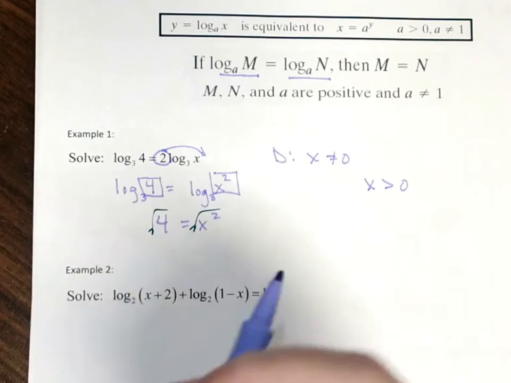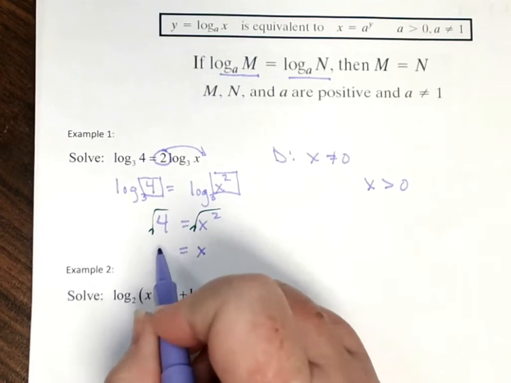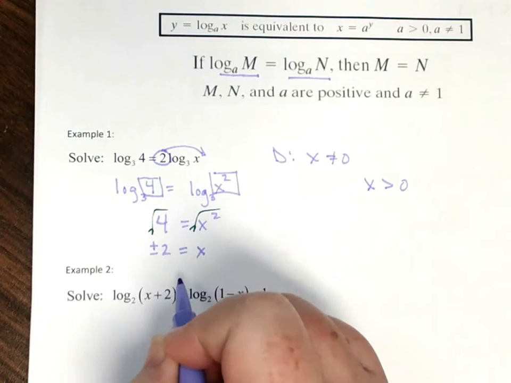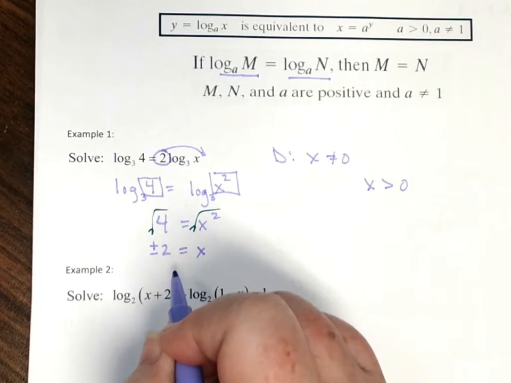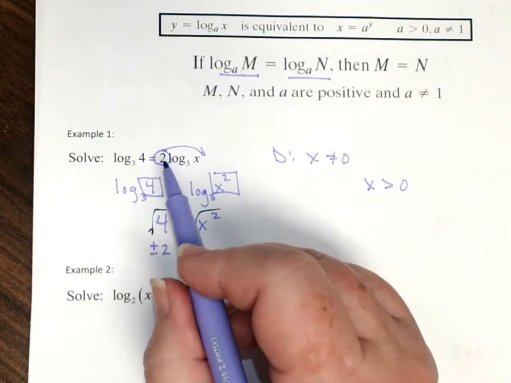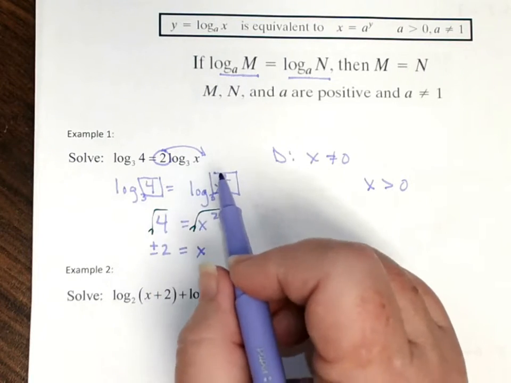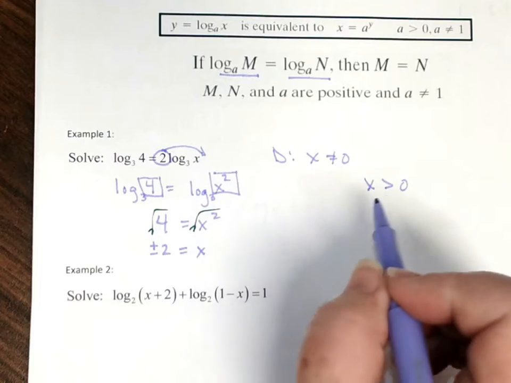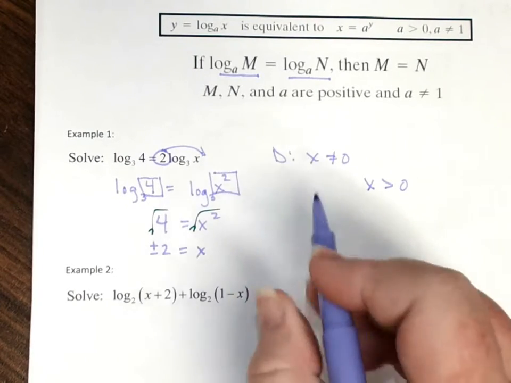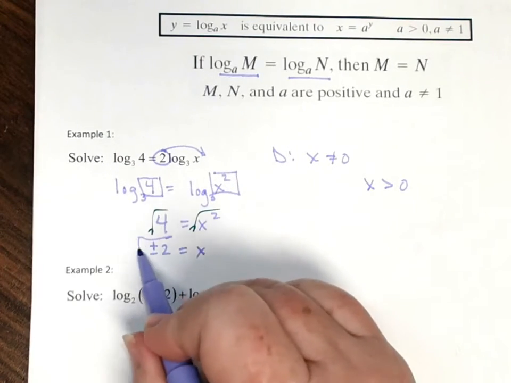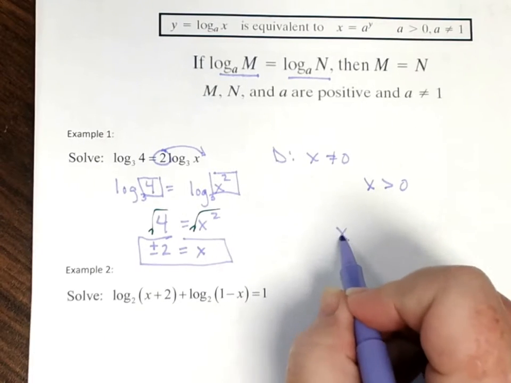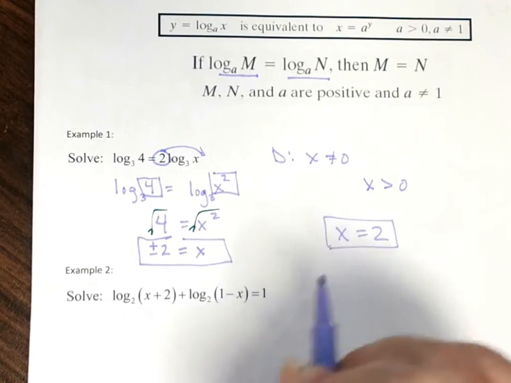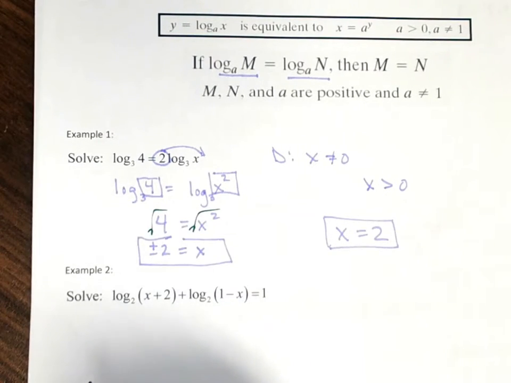The square root of x squared equals x, but the square root of 4 is plus or minus 2. Now understand that if I type in 2 log base 3 of negative 2, we're going to have a problem. So I'm going to state right here that x equals 2 is the only answer that can make this a true statement.